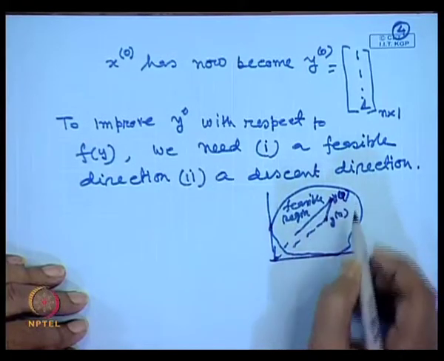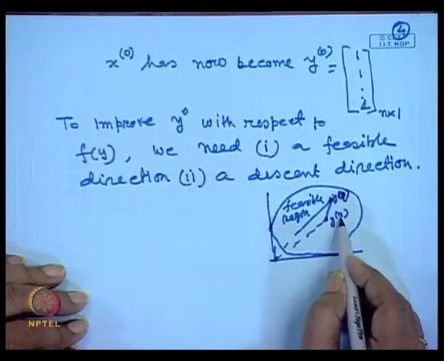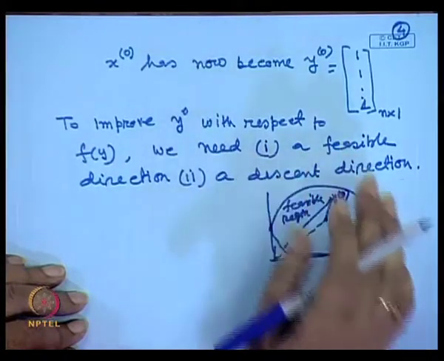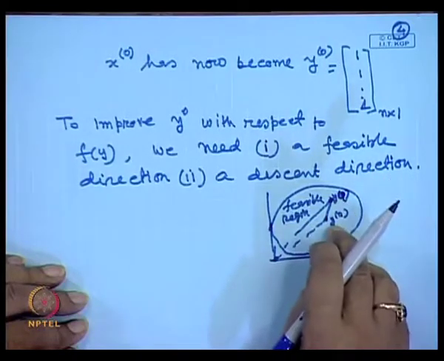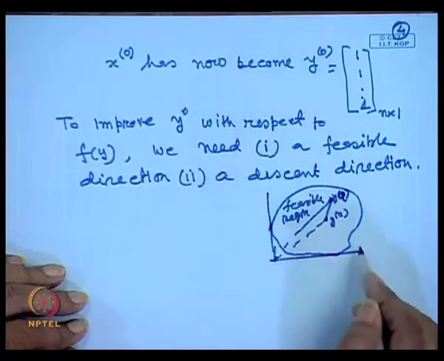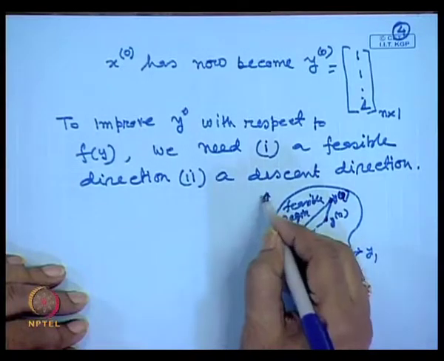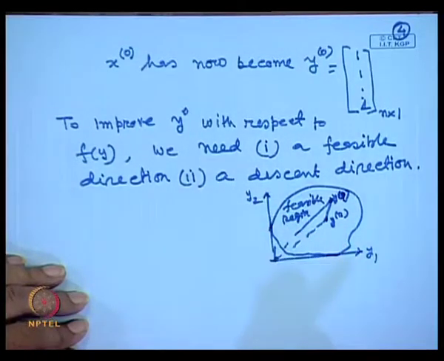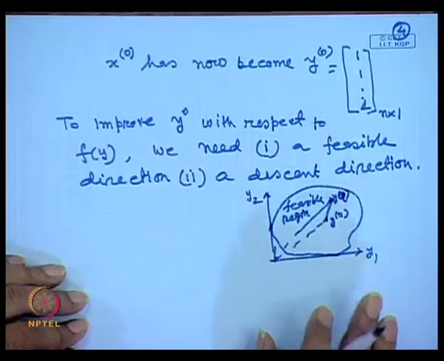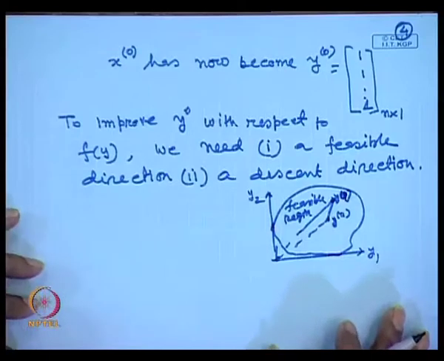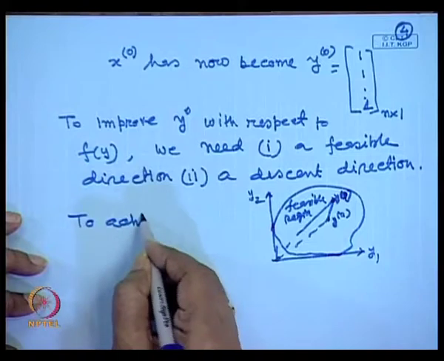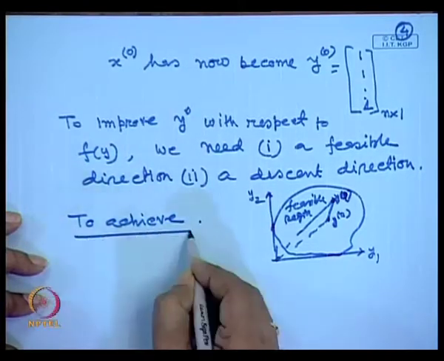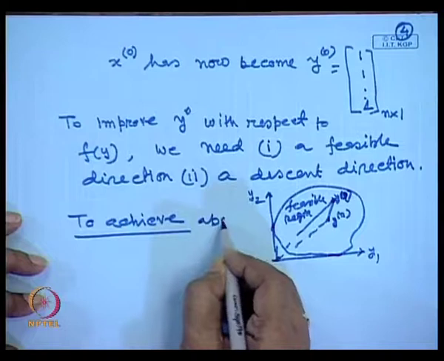And not only this, the function value at y is equal to y0 on the transformed coordinate axis must decrease from this value. So, two objectives we have to achieve, and for that we have to see which direction we will move such that both objectives are satisfied.